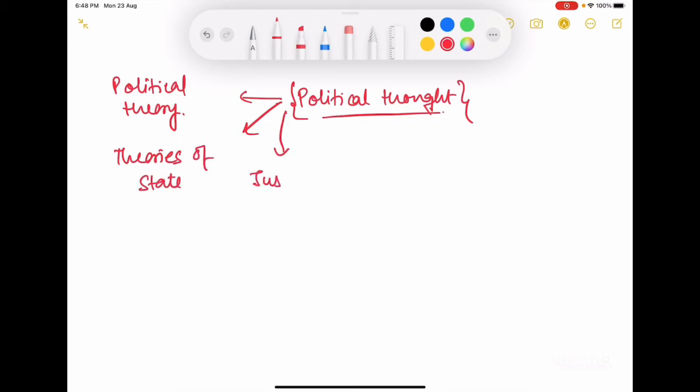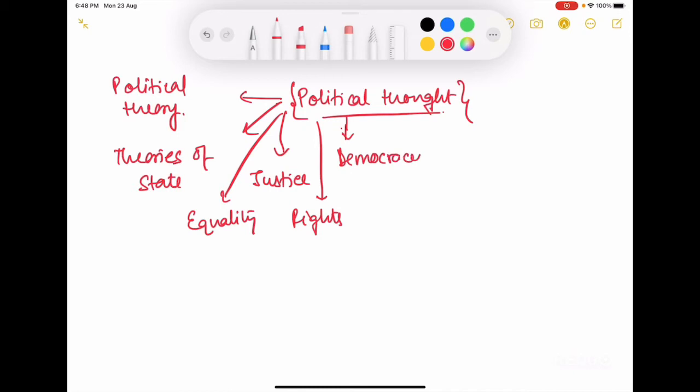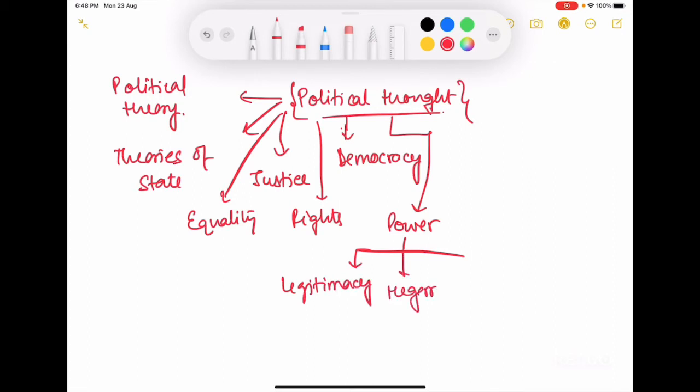Then you have justice, equality, rights, and democracy. Then you have power, and from power you have three other areas, that is legitimacy, hegemony, and power relations.